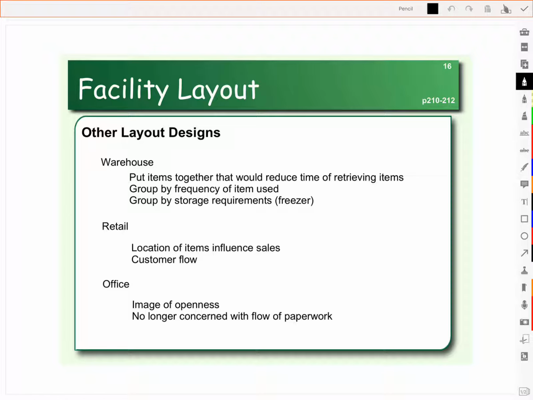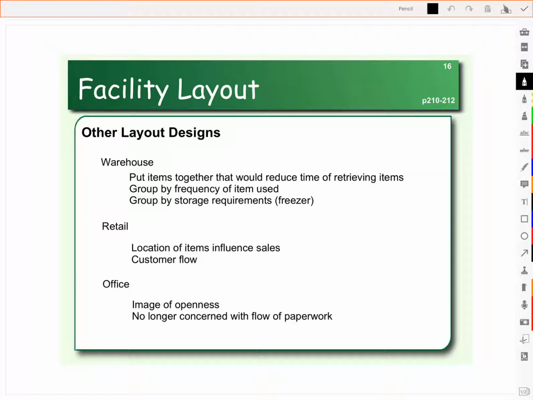So for example, if you think about a grocery store, back behind the grocery store is their warehouse. So if you think about Safeway or Sobeys, if you've been in there lately, there's a big door that goes to the back where all the extra inventory is. Well, just beyond that door, what inventory would they keep closest to the door?